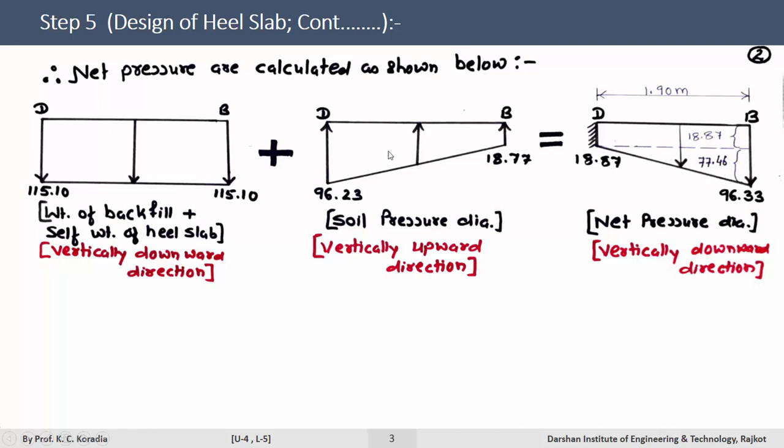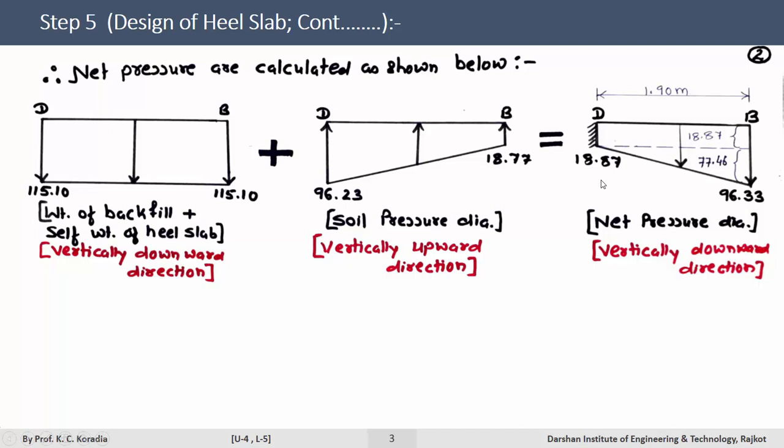Summation of these two diagrams, that is the weight of backfill and hill slab plus soil pressure diagram, will give the net pressure diagram. If we add the pressure intensity at point D, we will get a value equals to 18.87 kilonewton per meter square.